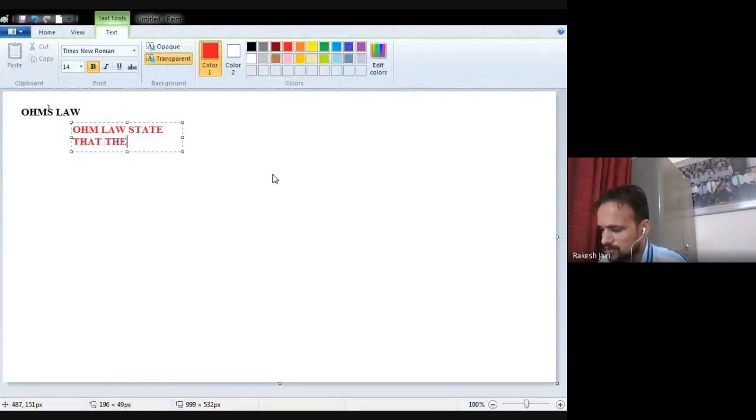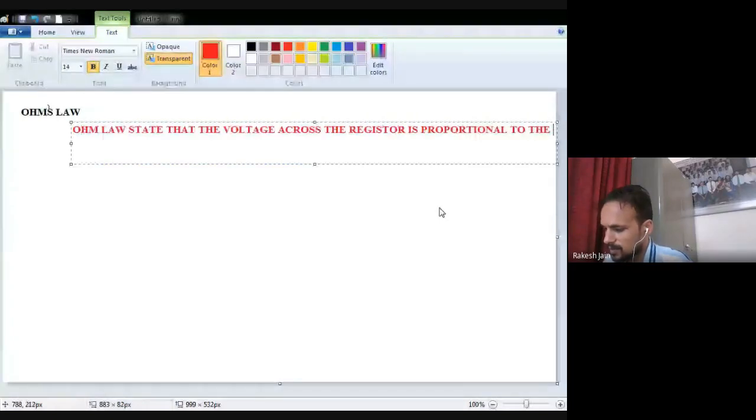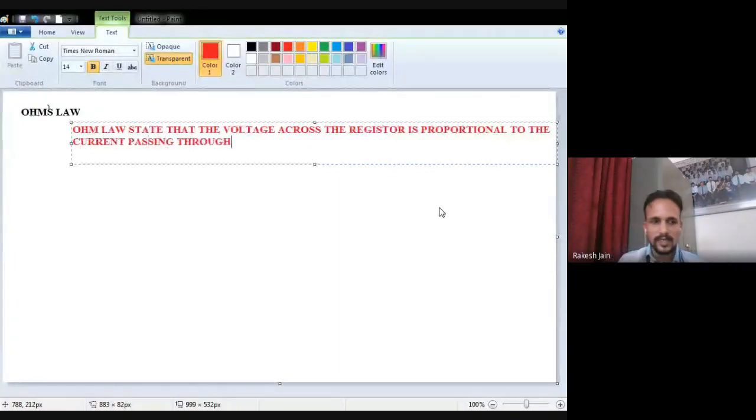Ohm's law states that the voltage across the resistor is proportional to the current passing through it.